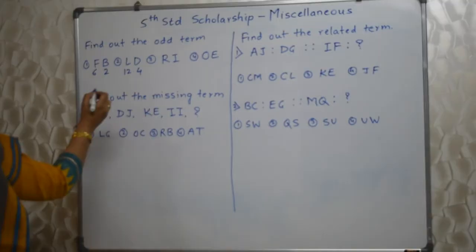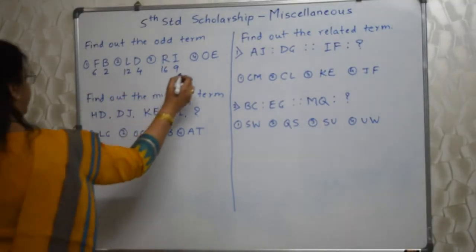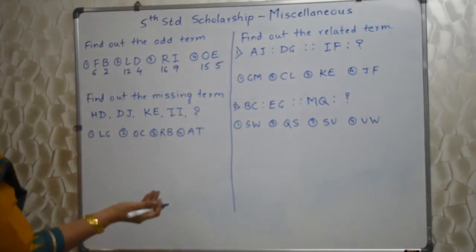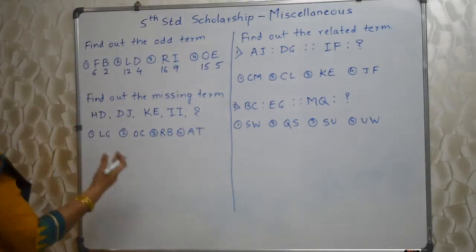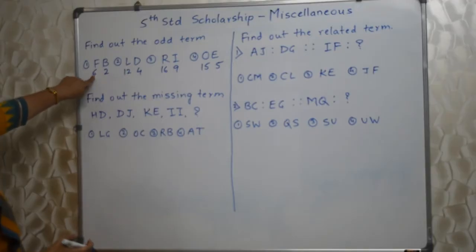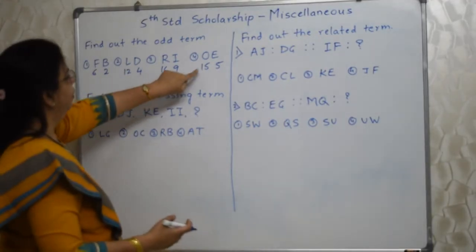R is 16. I is 9. O is 15. And E is 5. Now observe the numbers. Now since numbers are there, we can very well observe their relationship. How are they related? 6 and 2, 12 and 4, 16 and 9, 15 and 5.